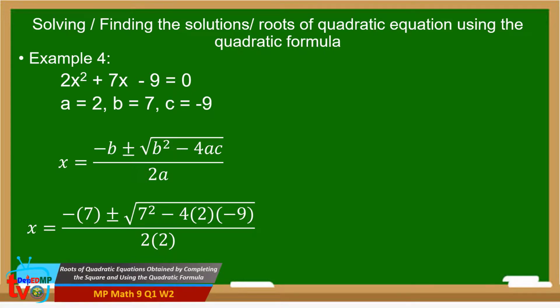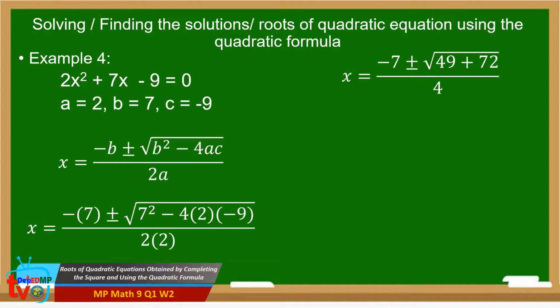After that, we simplify the terms inside the radical sign. Then we have x is equal to negative 7 plus or minus the square root of 49 plus 72 all over 4.